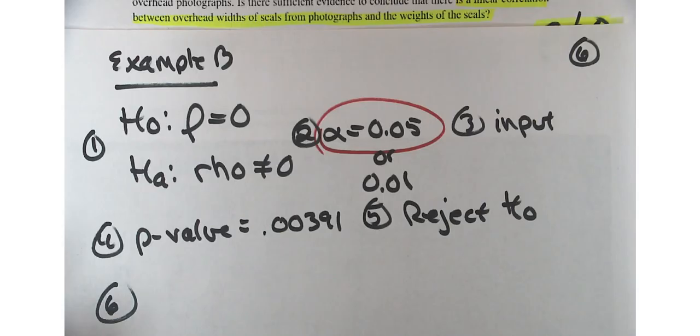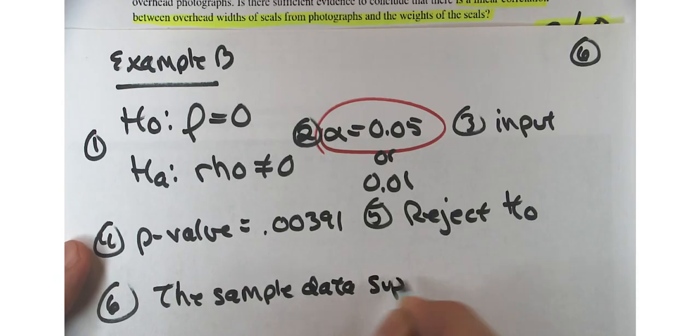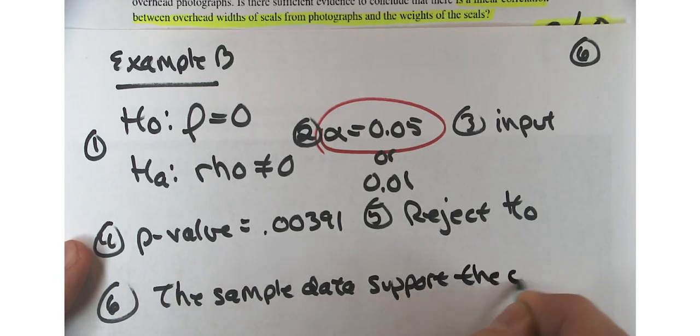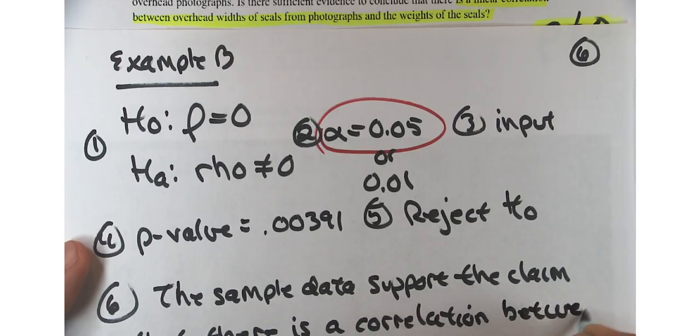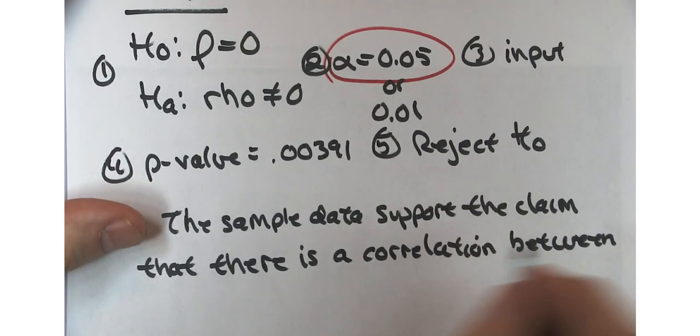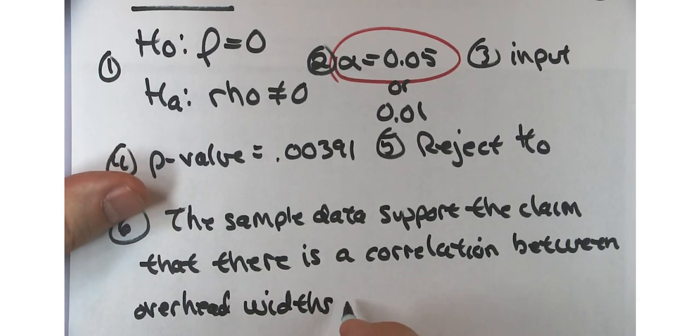So the sample data support the claim that there is a correlation between overhead widths of seals from photographs.